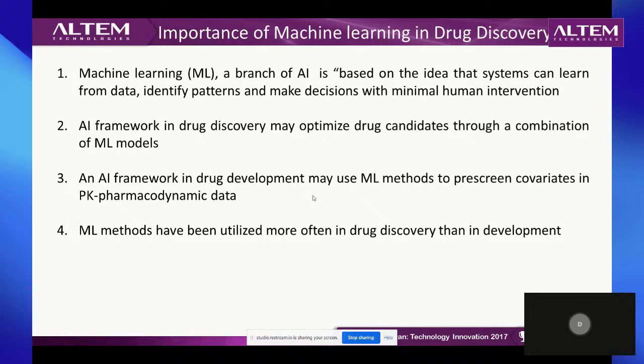Moreover, artificial intelligence in drug discovery will help optimize drug candidates using various combinations of ML methods. There are quite many ML methods out there. Which method to choose and how to choose is not a big task; if you keep practicing, it will come to your hand. And the development of artificial intelligence will play a major role in screening pharmacokinetic data.